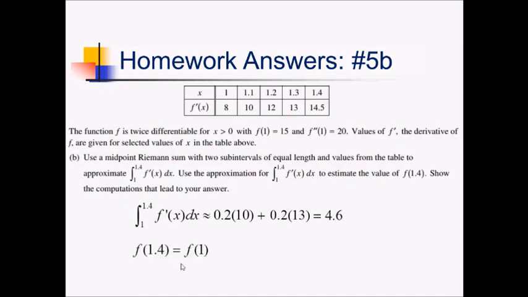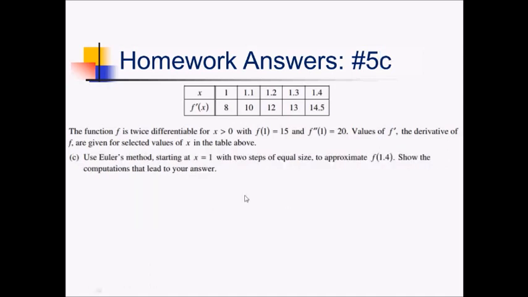So this is just going to be f of 1 plus the integral from 1 to 1.4 of f prime. And now that means I've got 15 plus 4.6. And I wrote exactly equals for this first part because f of 1.4 is exactly f of 1 plus the true integral. But since we estimated the integral value, it's now approximately equal to 15 plus 4.6, or 19.6.